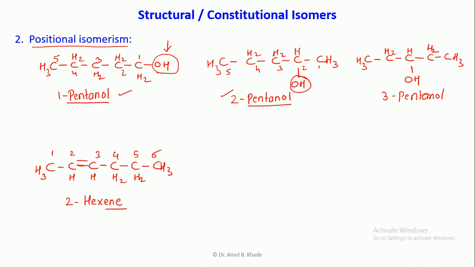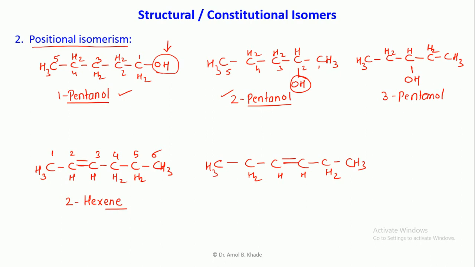Now I can change the position of the functionality. Here it is in between 2 and 3. Now I can draw the structure containing the same parent chain. So 1, 2, 3, 4, 5 and 6. So this is also a 6 carbon compound. Now let's say I am making a double bond here. So I have changed the position of the double bond. So this becomes CH3, CH2, CH, CH, CH2 and CH3.